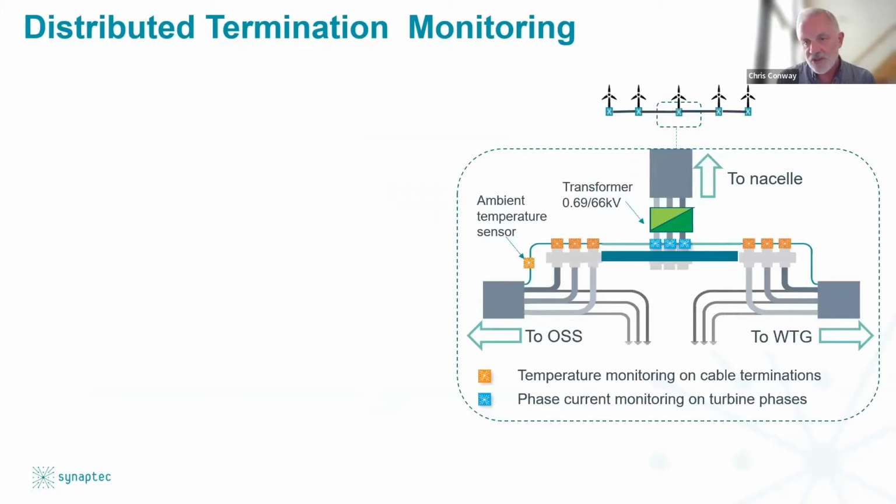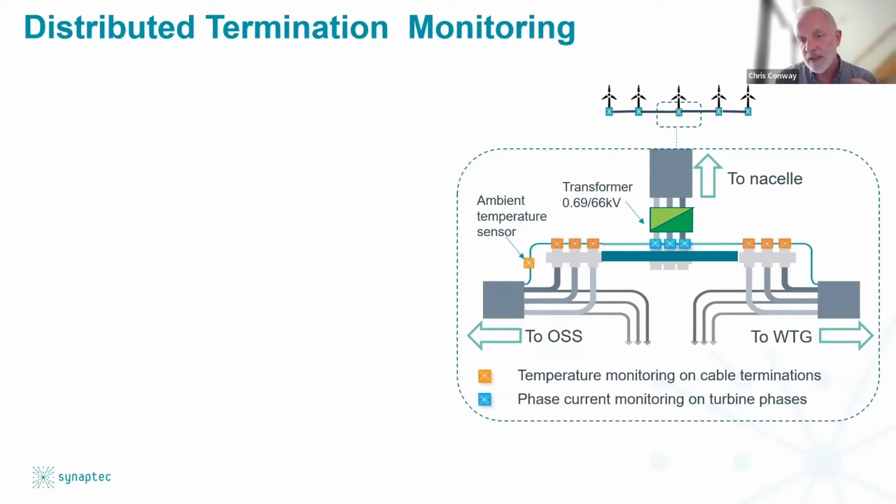Terminations are recognized as a point of failure. In explaining this diagram, we look at how we would instrument a single turbine at the transition piece. We have current sensors deployed on the output of the transformer, in this case the high voltage side, the 66 kV side.